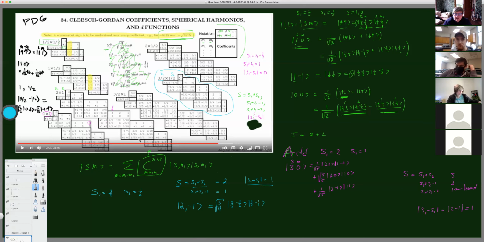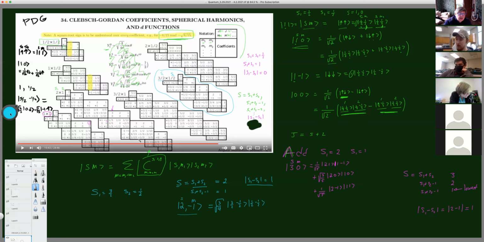Now I asked about the state where total S is 2 and total M is -1. So I'm looking here now. Remember, that's in this format. See these little boxes that come up like this? That's where the total S and total M are stored.